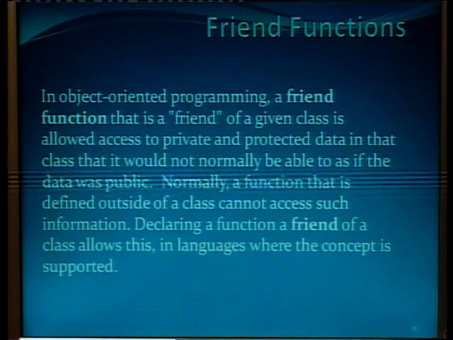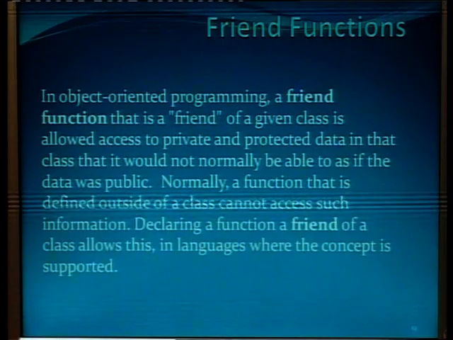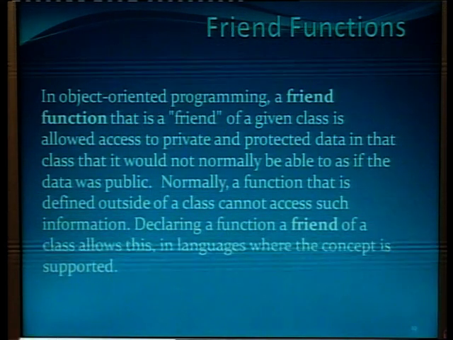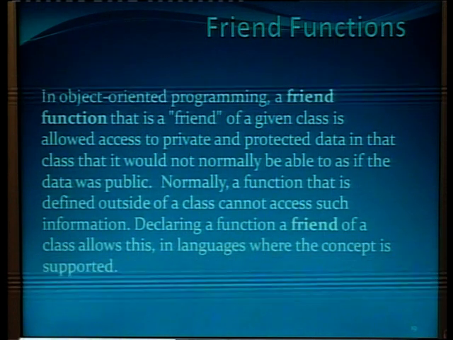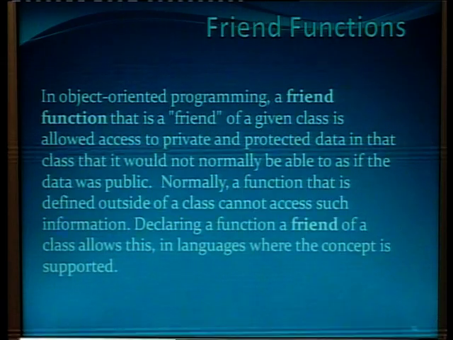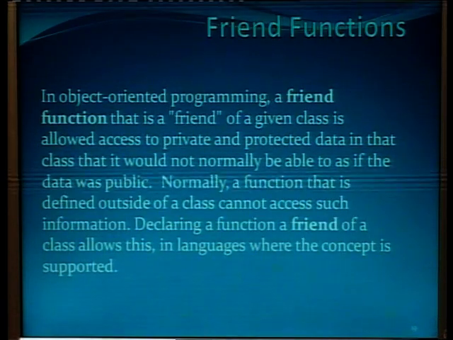In the friend function, once again, in object oriented programming, a friend function that is a friend of a given class is allowed to access the private and protected data in that class.